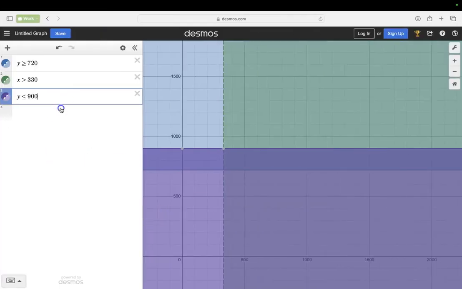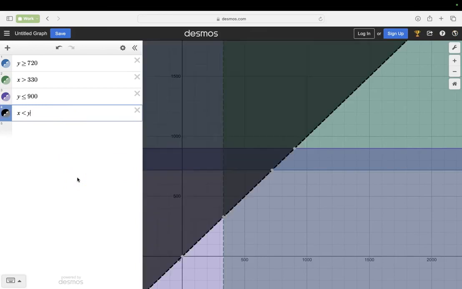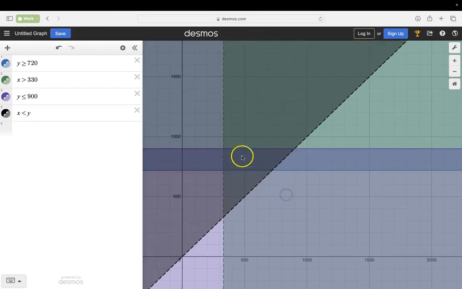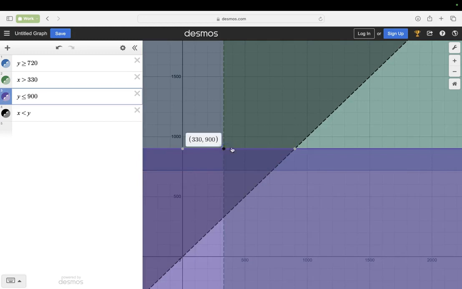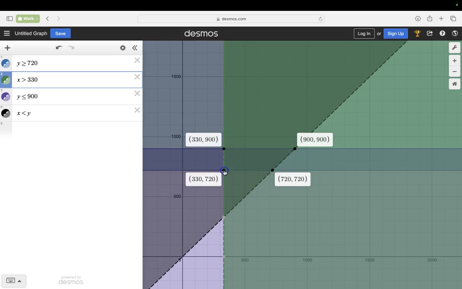So X less than Y. And now this shaded area right here, this part in the middle, is an accurate area. Any points in this trapezoid shape should be accurate.